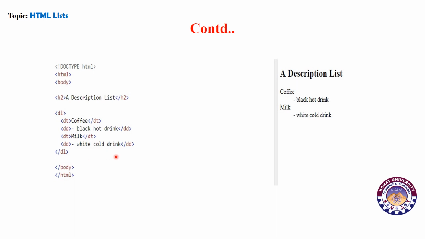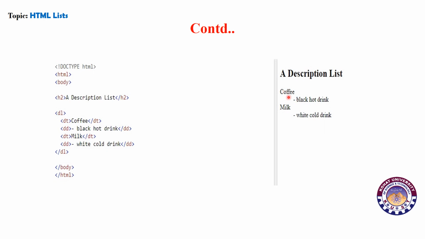Whenever I run this program in the browser, it will look like this, a description list, because in heading 2 I have defined a description list. It will show us like this. Here coffee will be displayed, and there will be a space for the next term, for the definition of the term.